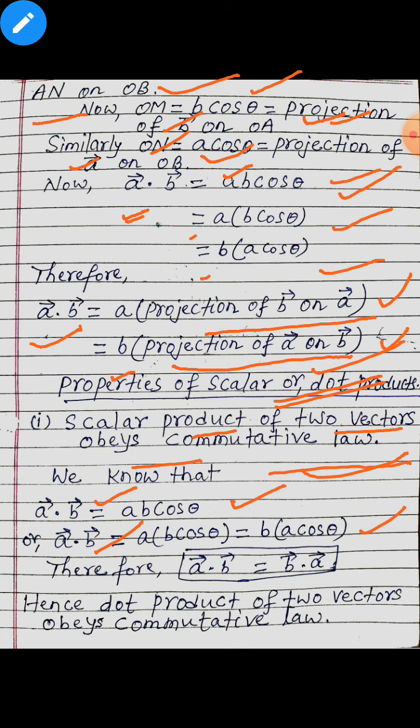Therefore, A vector dot B vector equal to B vector dot A vector. Hence, dot product of two vectors obeys commutative law.